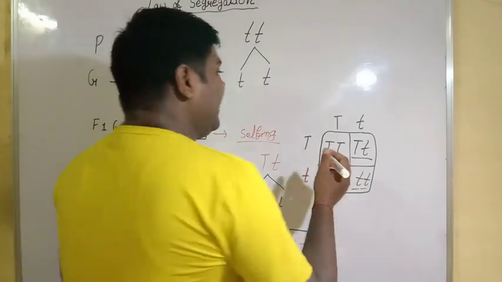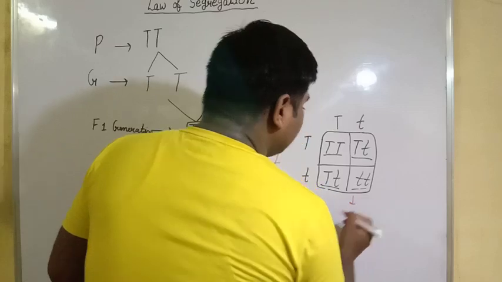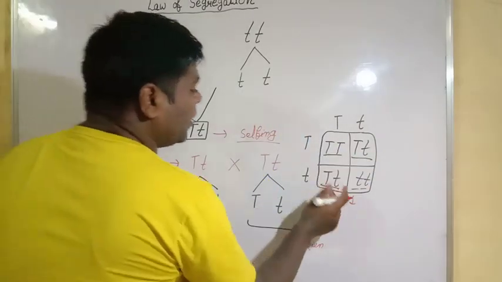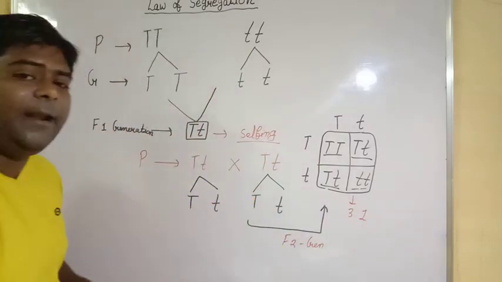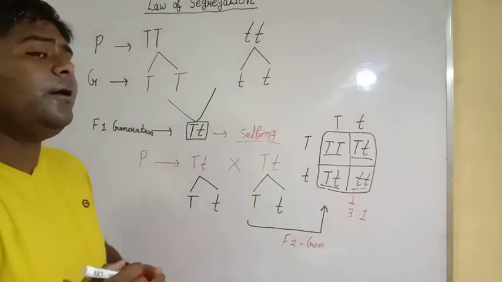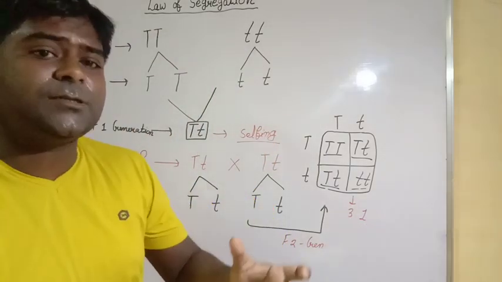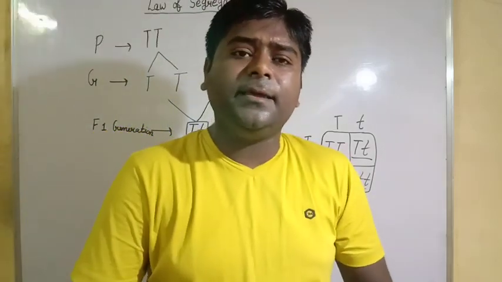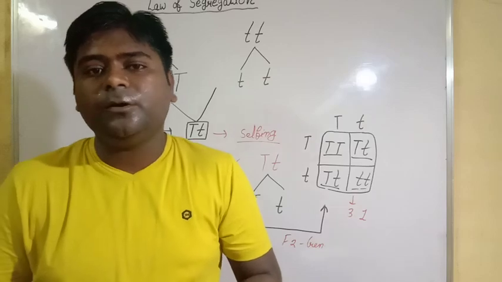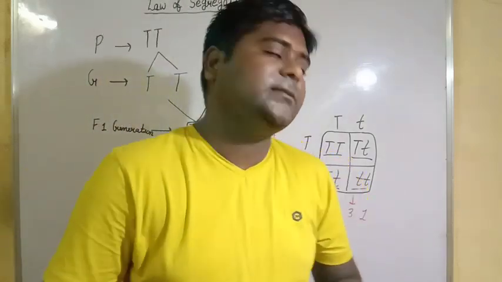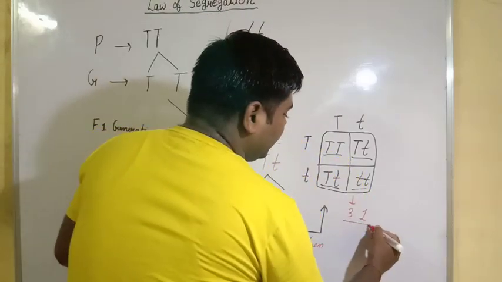So when we write the result, see that result, how many tall? It means the phenotypic ratio is 3:1. And when we write about the genotypic ratio, the phenotypic ratio we discussed already, that is external appearance. We also call it physical appearance. So that is the phenotypic ratio.